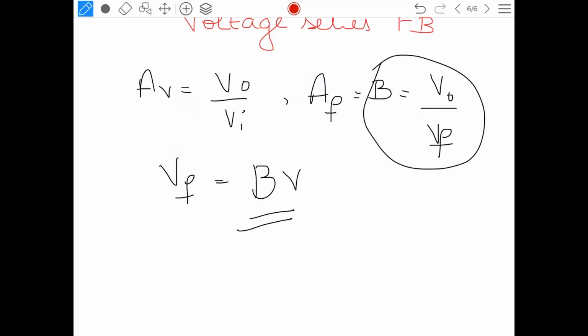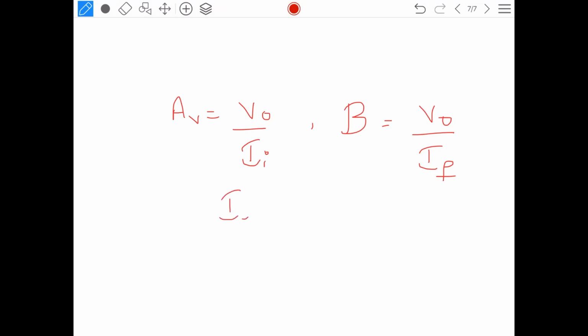Here also the equations will be AV, that is the output of the voltage circuit, Vout by Ii, correct? And B is equal to the feedback current If by Vout. Then the feedback current If is equal to B into Vout. This is the voltage shunt feedback.